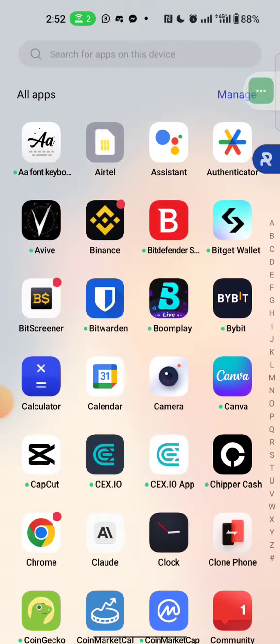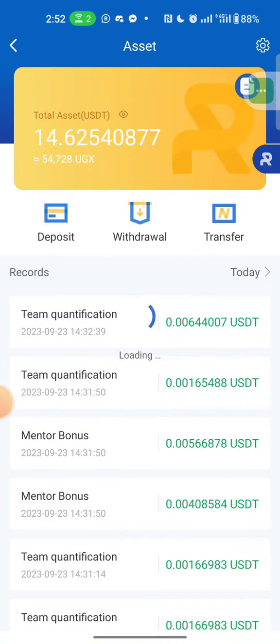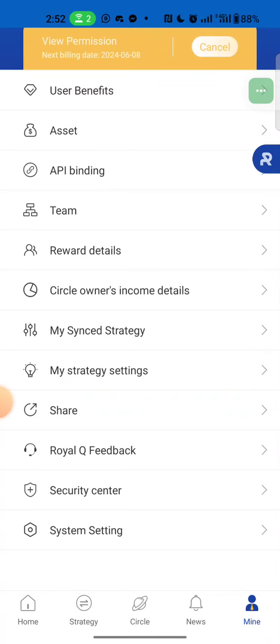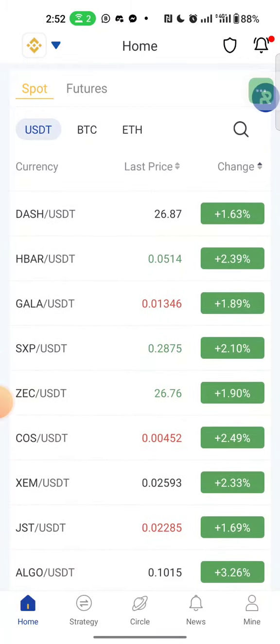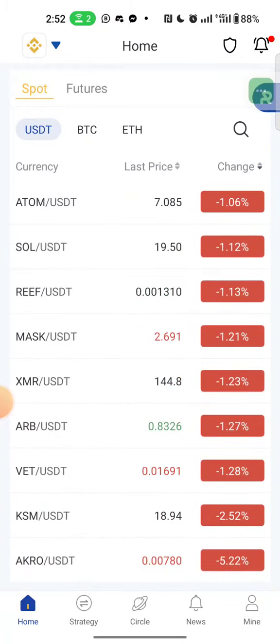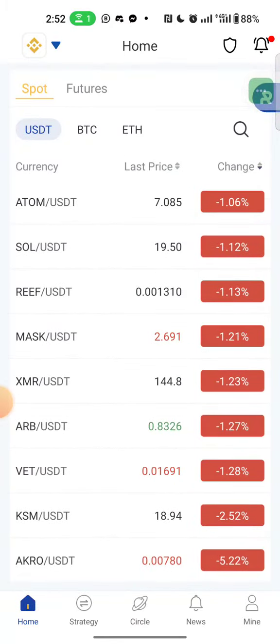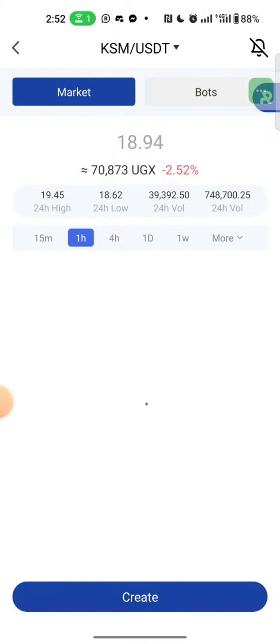Now, when we go to our Royal Q application and pick a coin to trade, for example, I pick any coin at random. Let me say I pick KSM to trade, or it is a signal given.